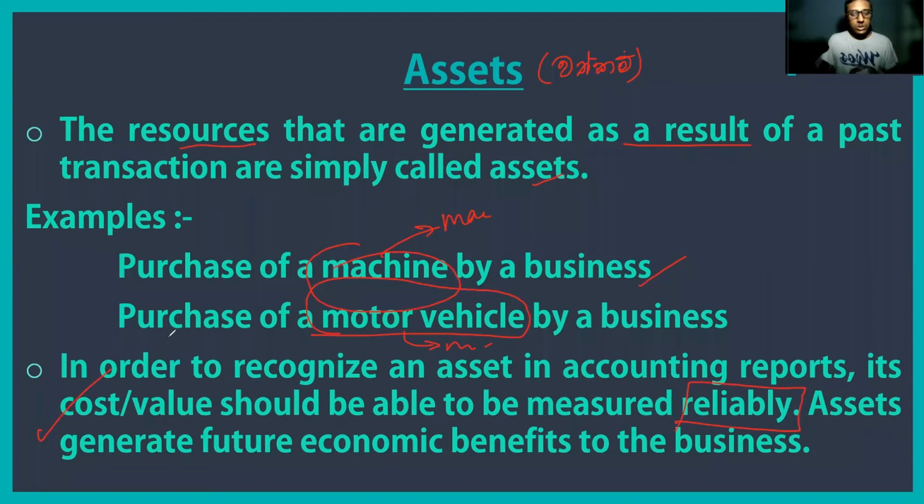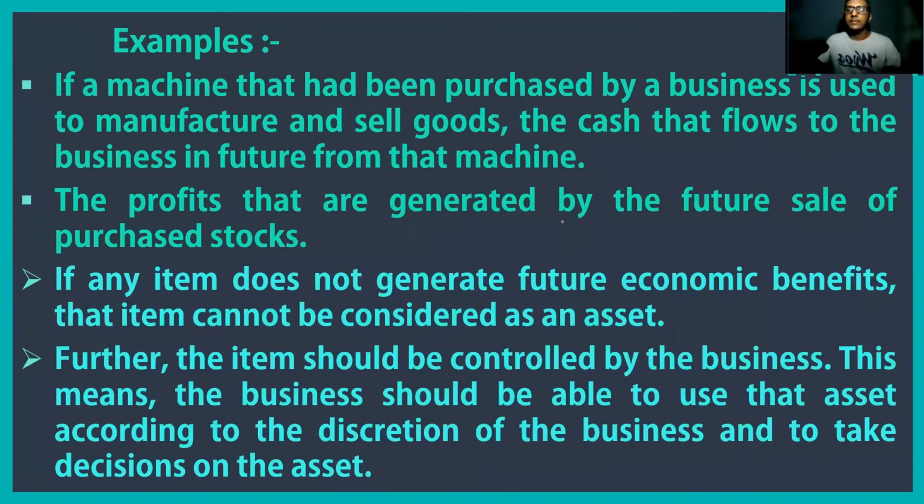So when it comes to an asset, we need to measure the value of that asset reliably, and definitely assets will generate future economic benefits to the business. So that will be the asset. Some examples.